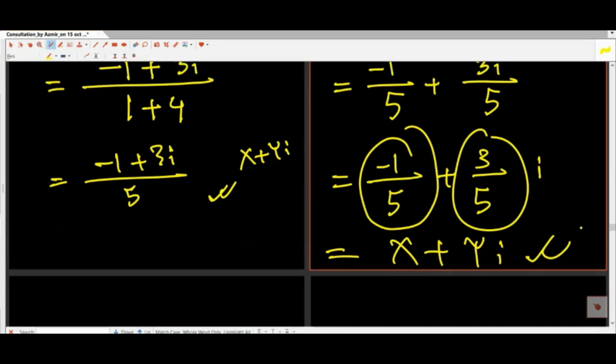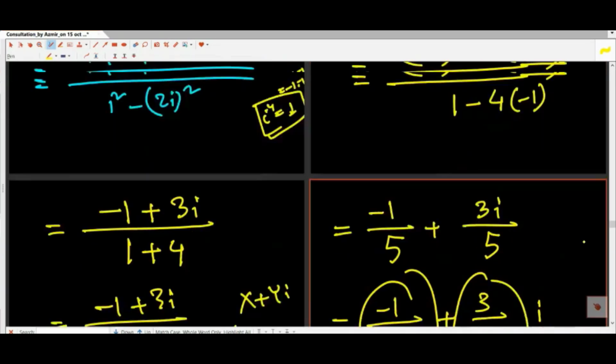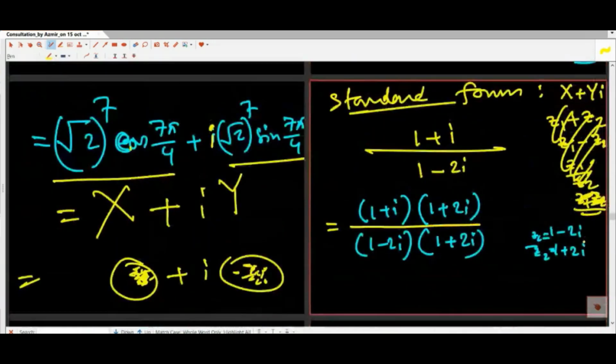So the reason behind doing this type of multiplication is that previously we have i in the denominator. Our target should be to remove i. Let us consider we have a complex number in the denominator, 1 negative 2i.